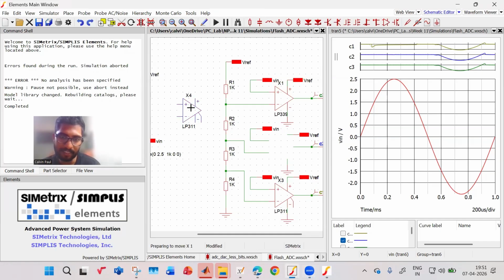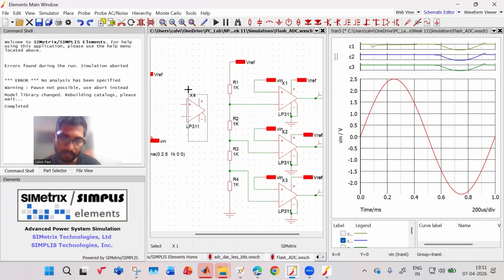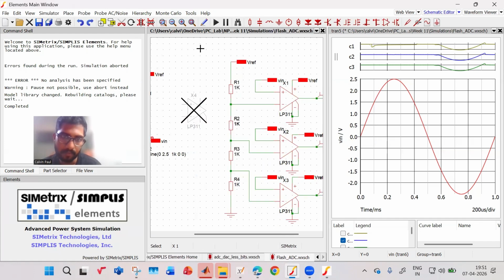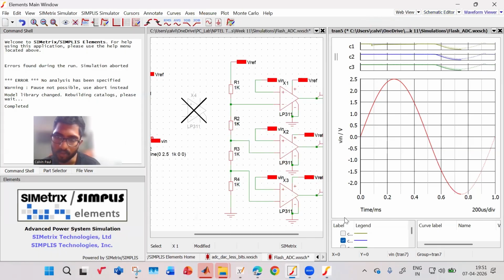I have to see. I'm not very sure what is the difference exactly, but they shouldn't theoretically make much of a difference. Let's see. No, these comparators are not working correctly.